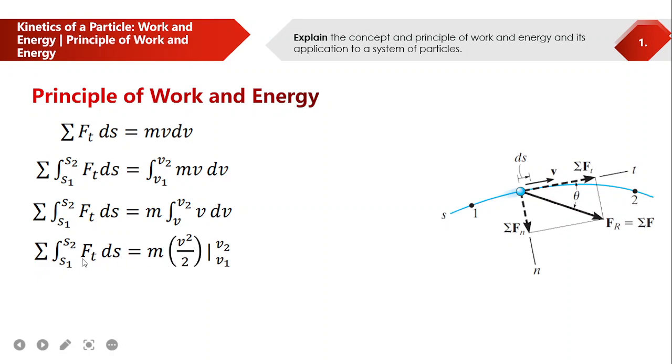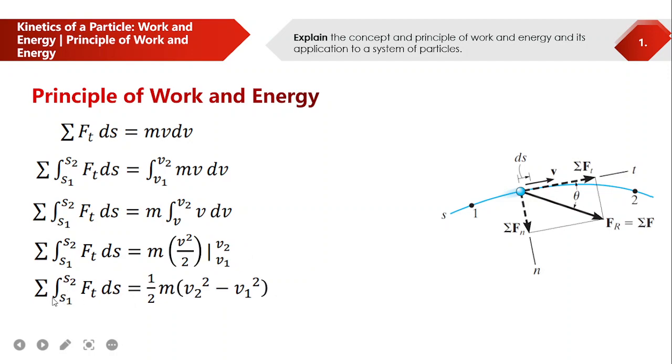The integral of v dv is v squared over 2, evaluated from v sub 1 to v sub 2.